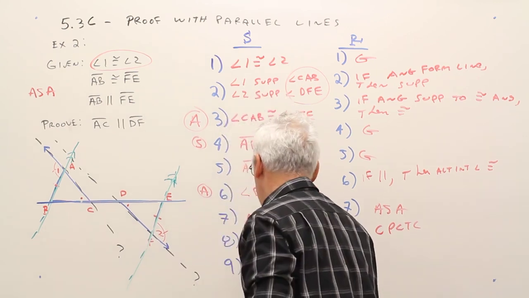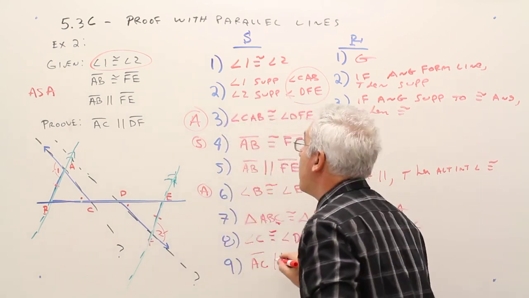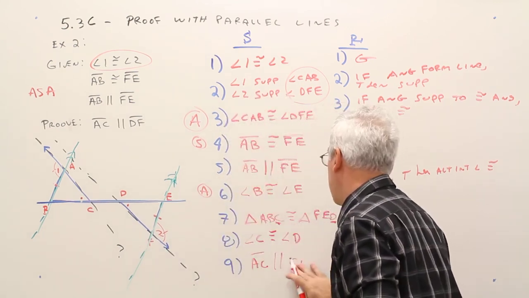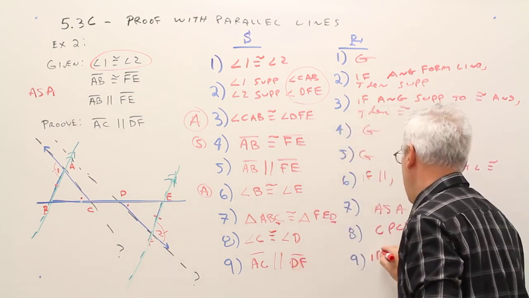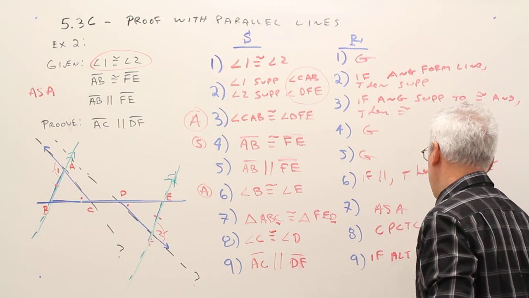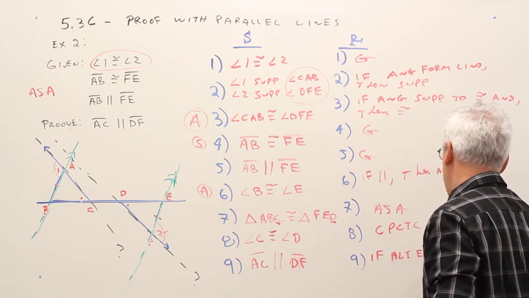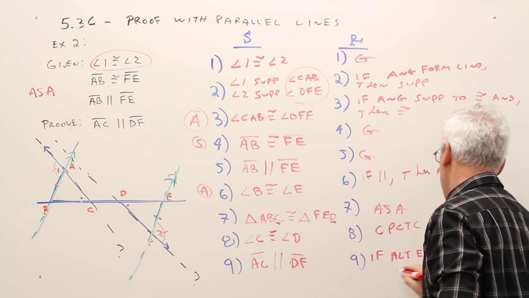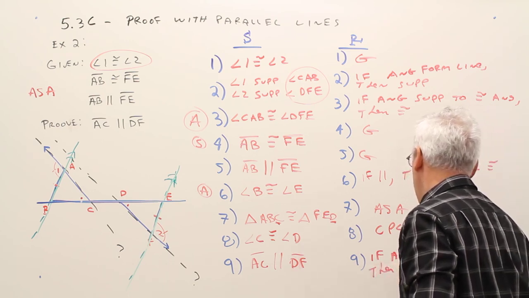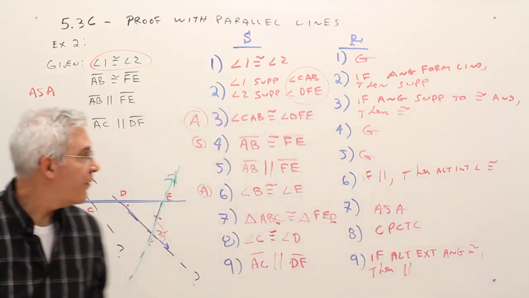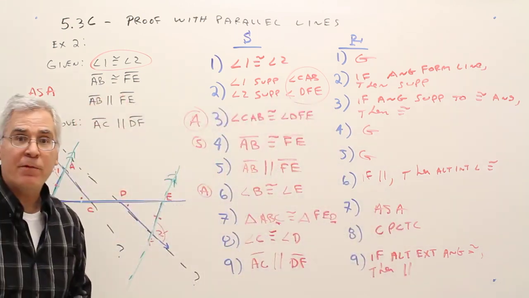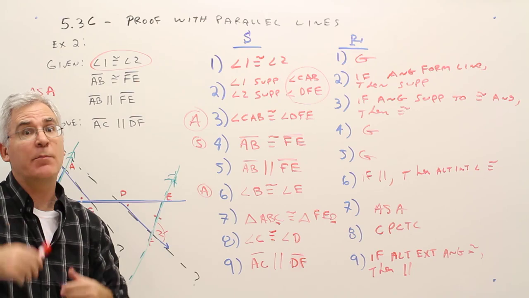So AC is parallel to DF if alternate exterior angles congruent, then lines are parallel. So there you have it, how to do a proof involving parallel lines, really going in both directions.